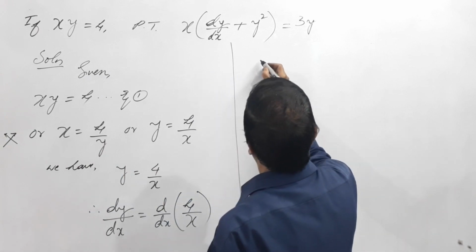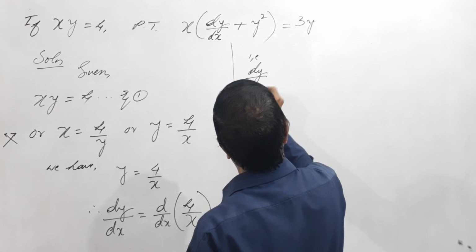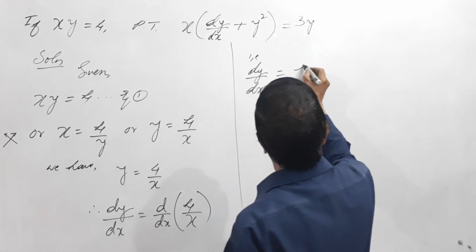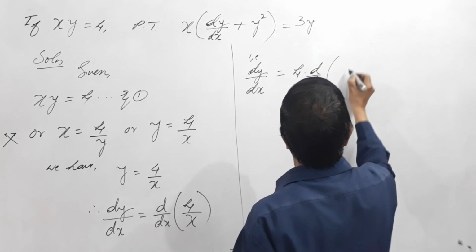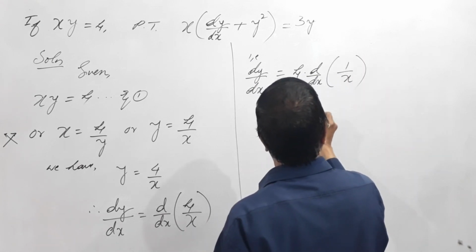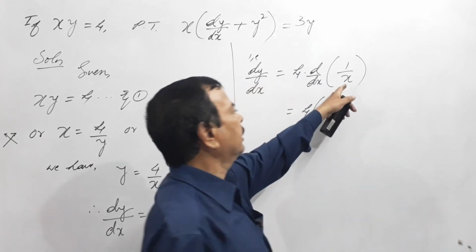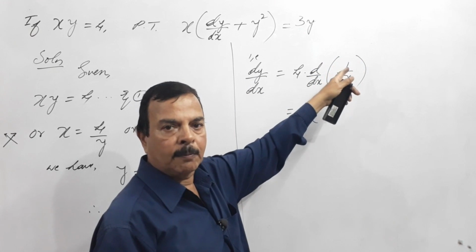So what happens to this? That is dy by dx equals to 4 into d by dx of 1 by x, which is nothing but 4 into, if you differentiate this, it goes to the numerator as x to the power of minus 1.